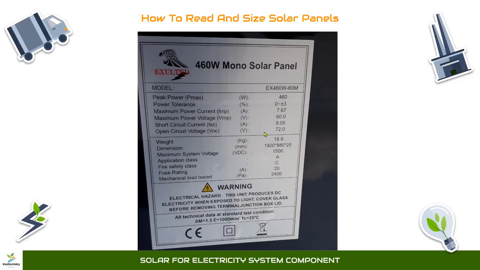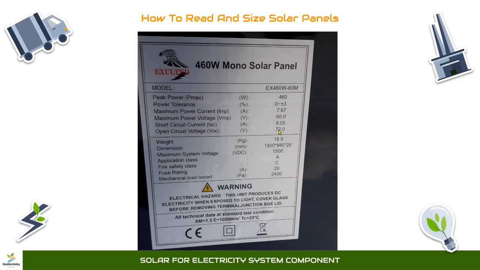Same thing with the open circuit voltage. When you are test running this panel openly without connecting to other devices, it can read up to 72 volts. But when you connect it to a system, you should be expecting up to 60 volts. If you are doing your calculation, it's good that you work with the higher volts.